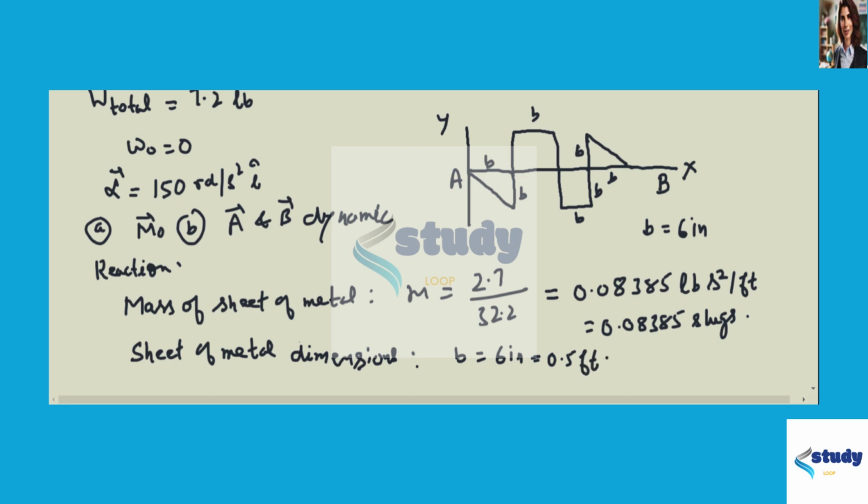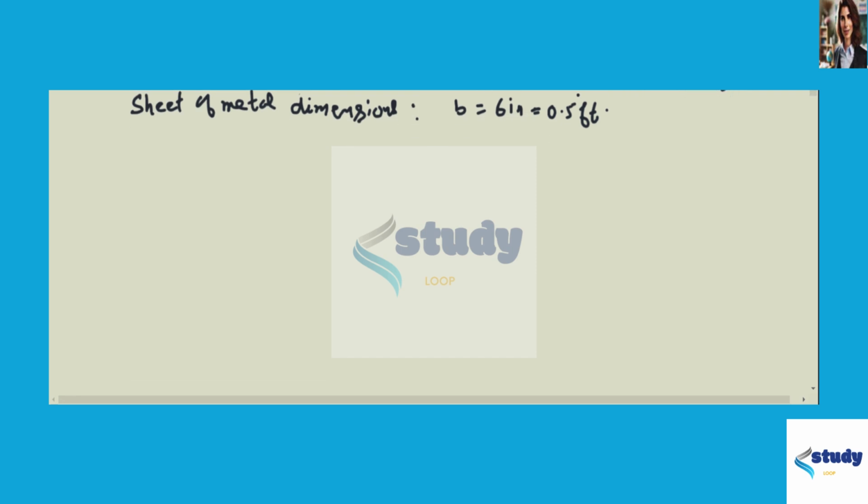So the area of the assembly you can find. See the figure, b square. There are two rectangular and two triangular, right angle triangular pieces. So it will be 3b square, 3 into 0.5 square, so you will get 0.75 feet square.